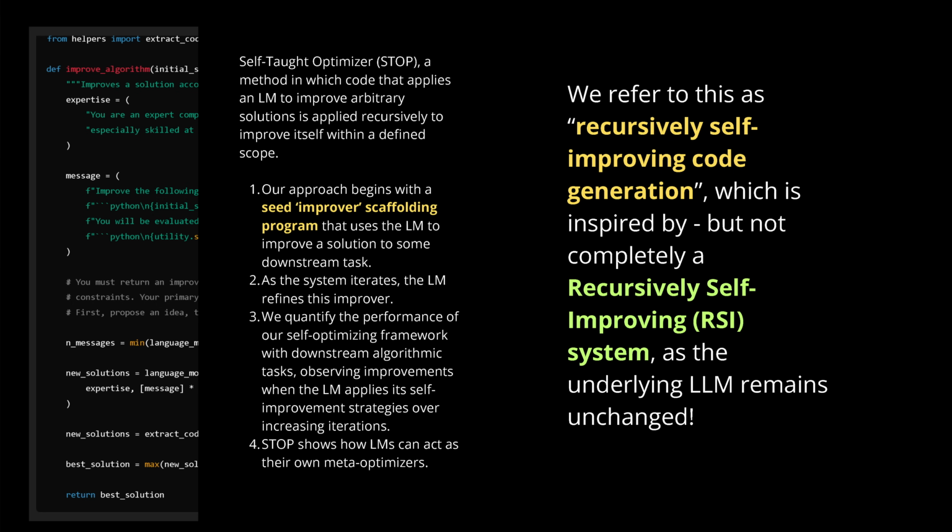And Stanford says, hey, we refer to this whole process as recursively self-improving code generation, as they do this not on the complete textual prompt, but only on the code optimization. They say it is inspired by, but they understand it is not a pure recursively self-improving RSI system, as the underlying LLM remains unchanged.